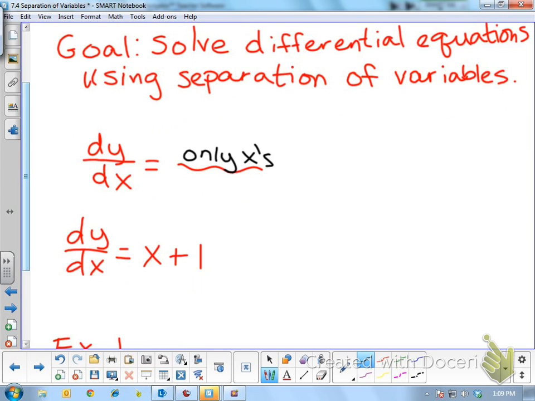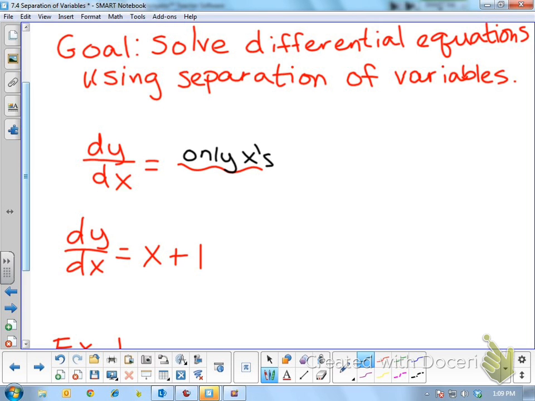So last time, if I gave you something like this, dy dx equals x plus 1, what would we do with that? Plug in x. Because they're always going to ask us to solve the differential equation to find the general solution. How do I find the general solution for this?